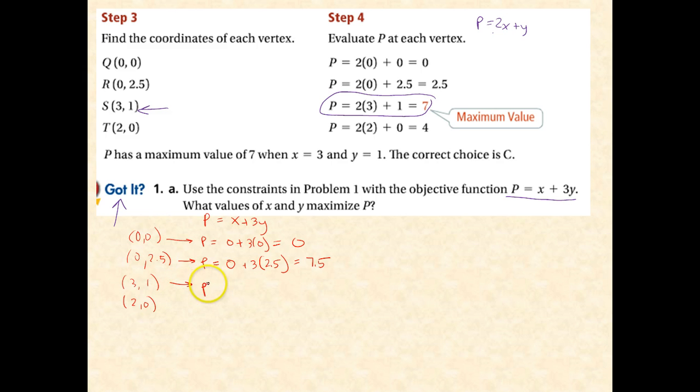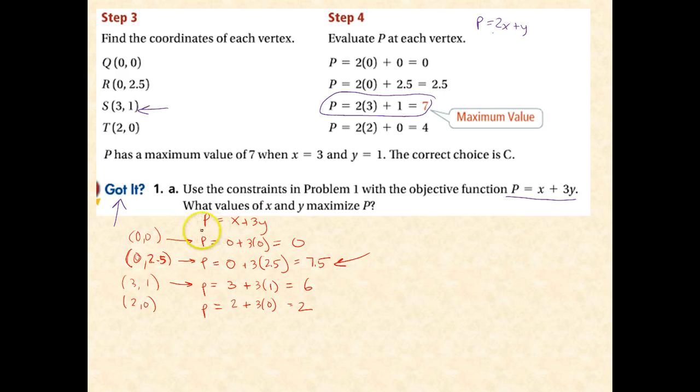At (3, 1), p equals 3 plus 3 times 1, which is 6. And for (2, 0), p equals 2 plus 3 times 0, which is 2. So our maximum is 7.5 at the point (0, 2.5).